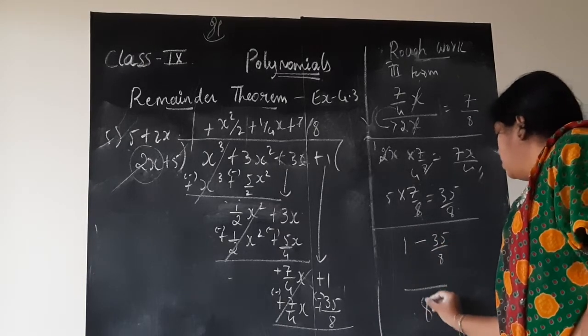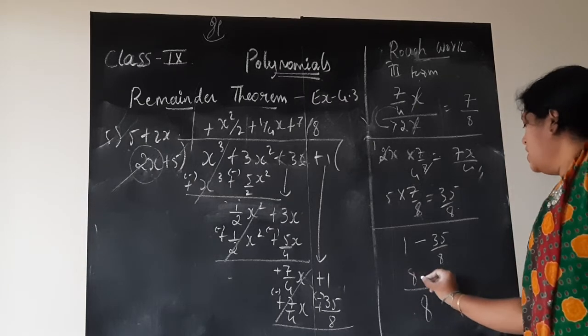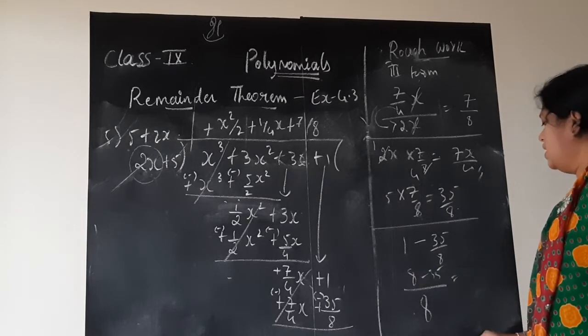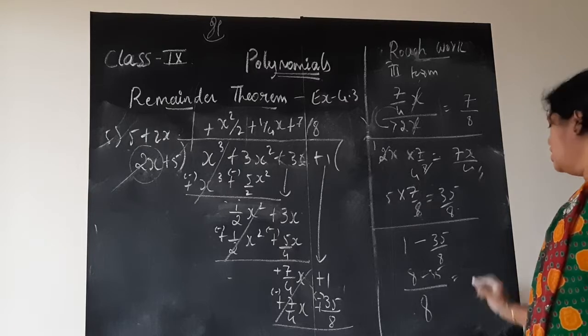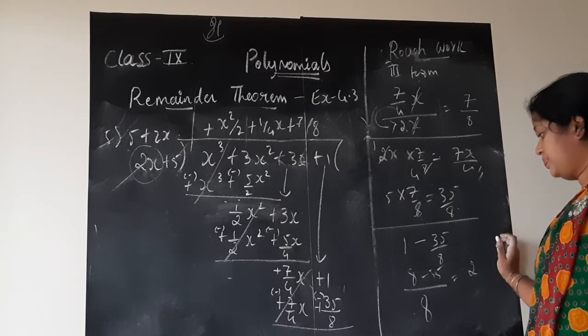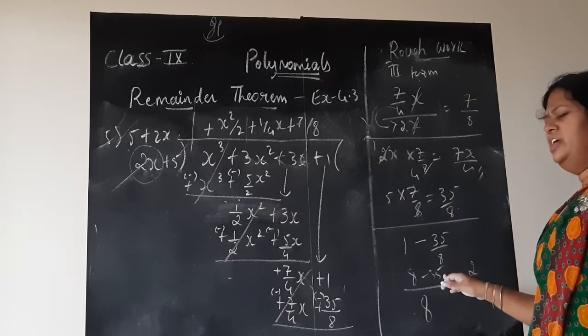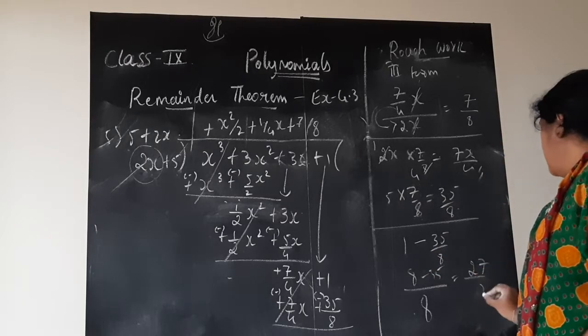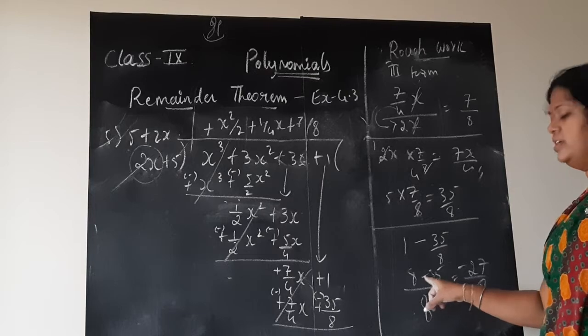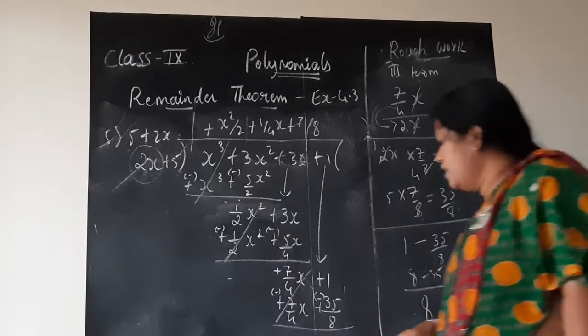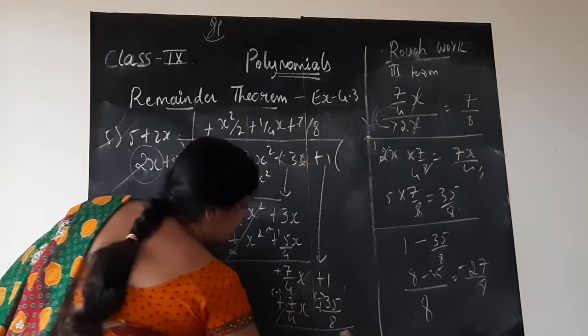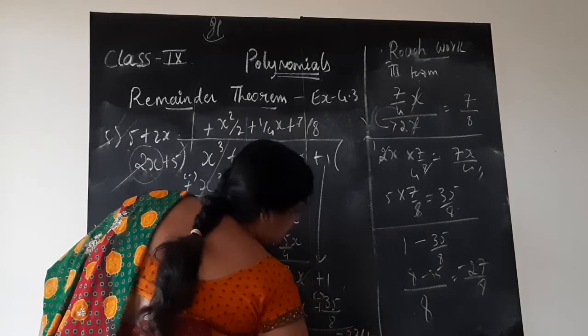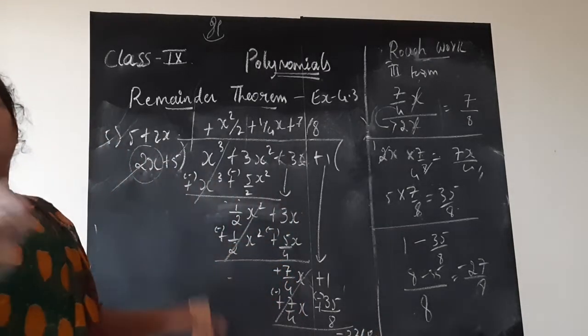Again if you take the LCM, 8 is the LCM. 8 minus 35 by 8. How much is 35 minus 8? 27 by 8. What 27? Minus 27, as 35 is greater than 8. So I got my remainder as minus 27 divided by 8, children.